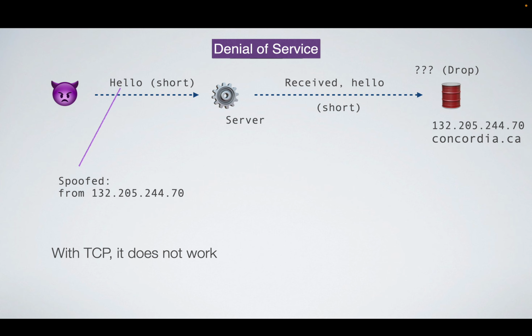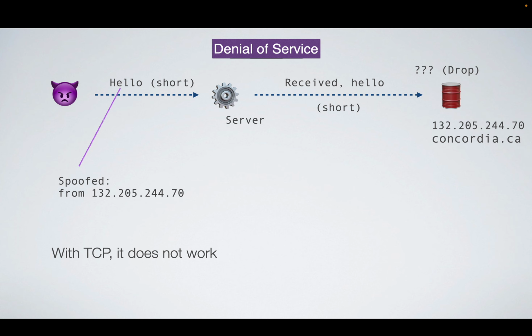And in TCP, before I ask you what time it is, I first have to make a connection with you, and that involves some back and forth. So I have to say hi, and then you say hi back, and then I say, what time is it? Now let's break that down. I tell the server hi from Concordia, then the server says hi Concordia to Concordia, and then Concordia says, I never said hi to you, why are you saying hi to me?